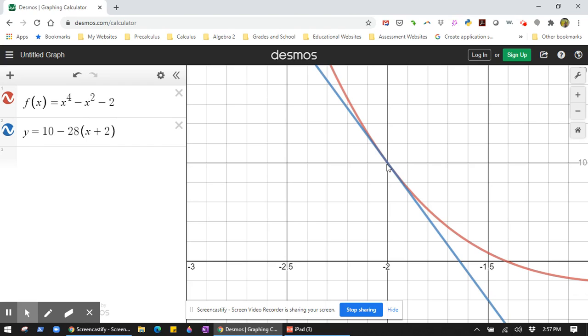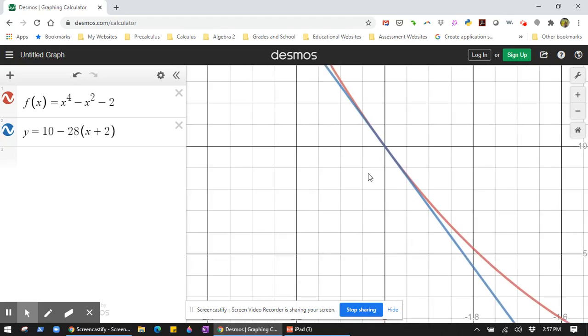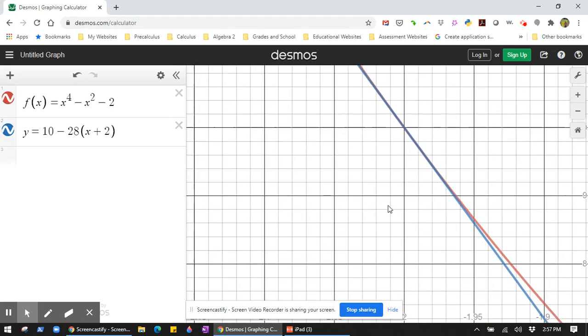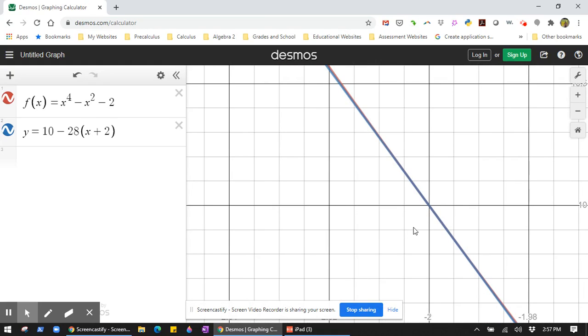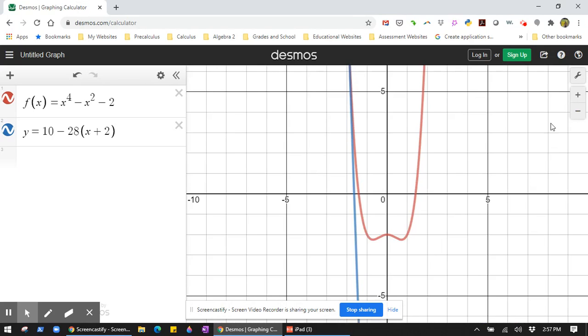I'm just zooming in on the window. Again, we see that the closer you are to the point of tangency, the more the line and the curve behave as though they're the same. So that was just a way of using the power rule to do a problem that hopefully you had done before without knowing it.